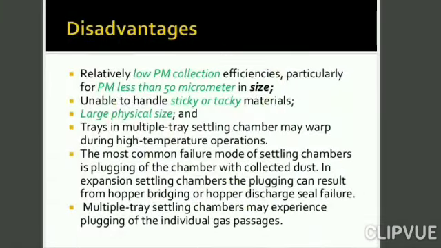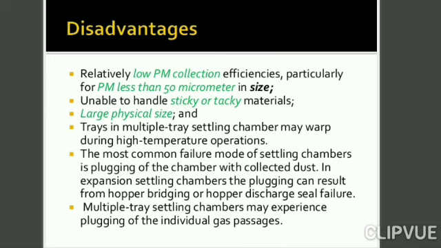The next one is the disadvantages of settling chambers. They are suitable only for dense or large particles, with relatively low PM collection efficiency, particularly for PM less than 50 micrometers in size.